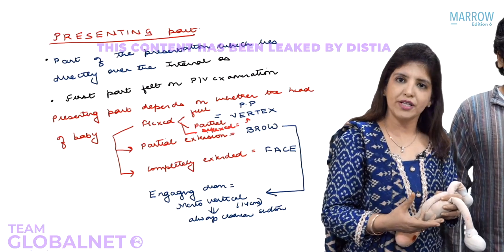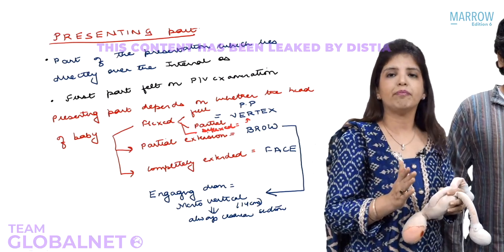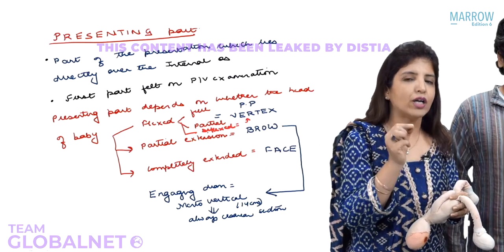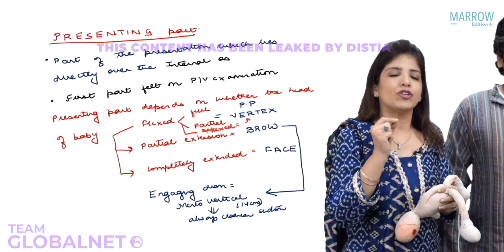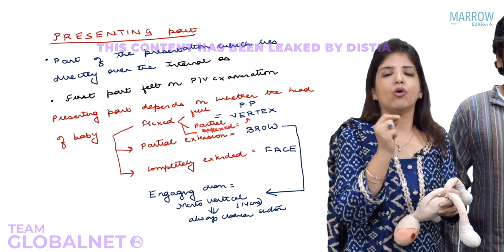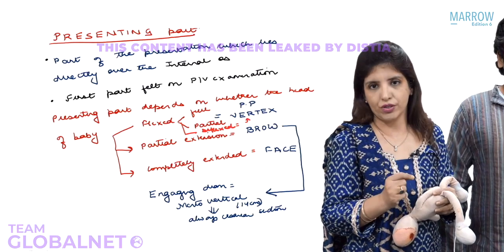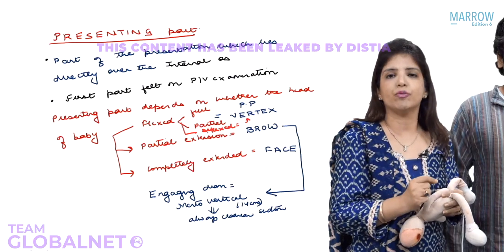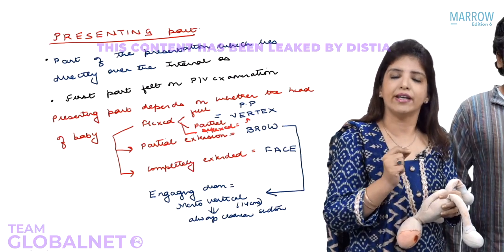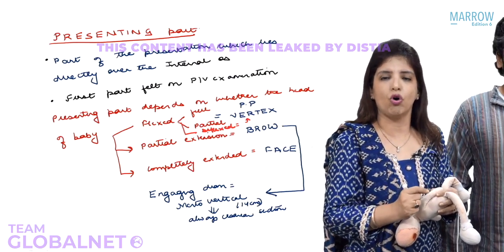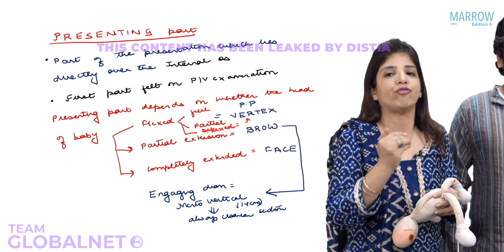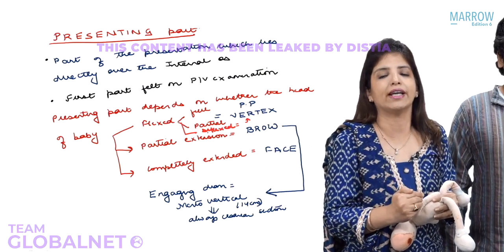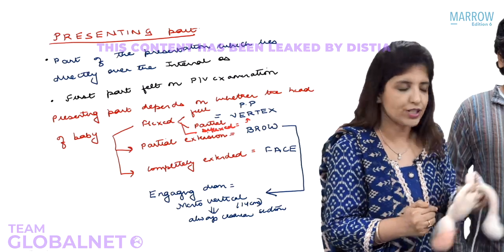Now, what is presenting part? Presenting part is that part of the presentation which lies directly over the internal os, and it is first felt when you do a per-vaginal examination, right?